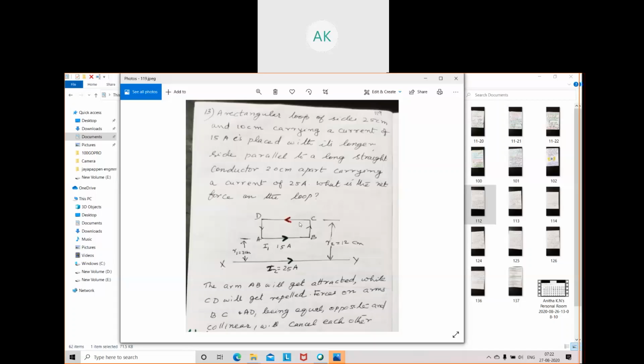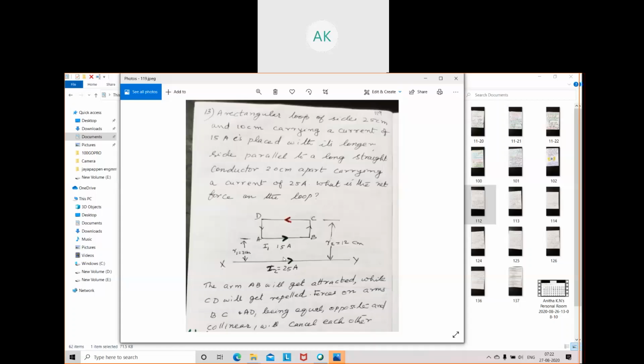So we know when a rectangular loop carrying current is kept here, each part of the conductor AB, BC, CD and DA will experience force because it is in the magnetic field produced by the conductor XY, through which 25 ampere current is flowing.